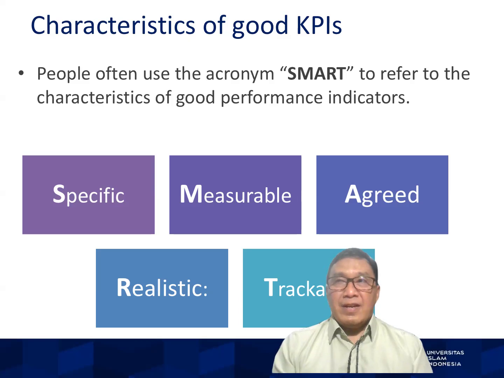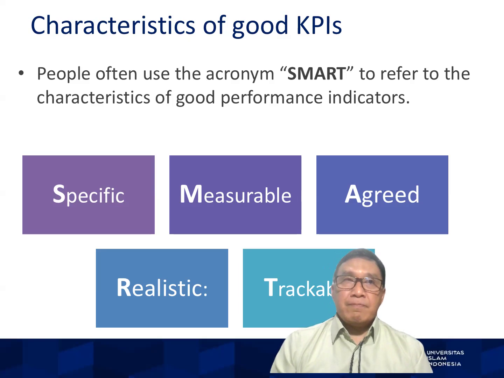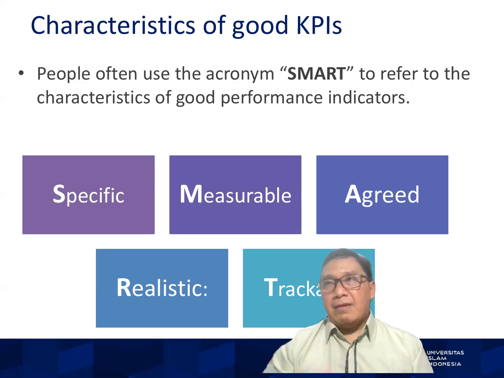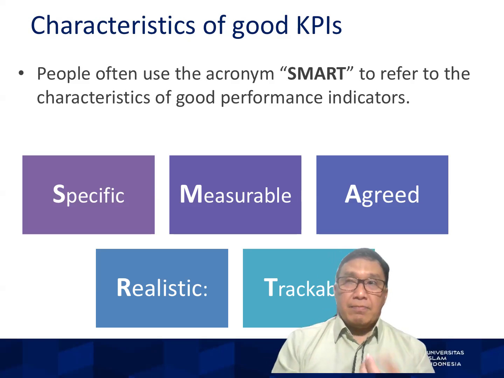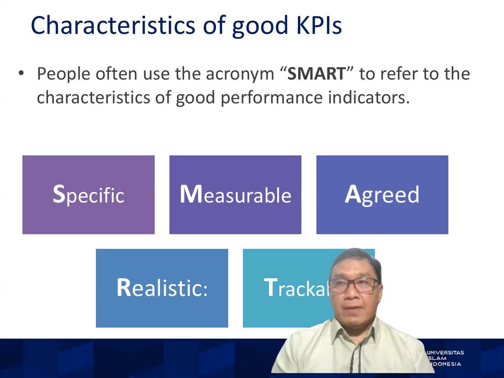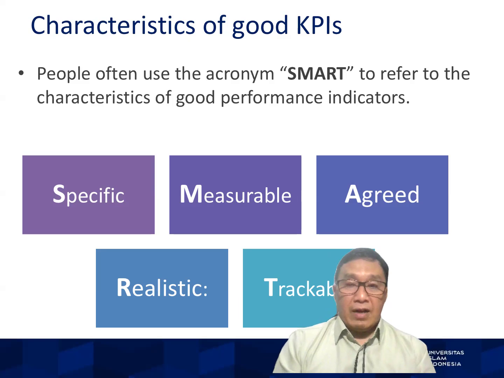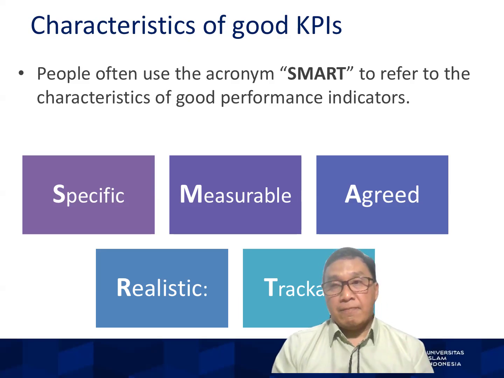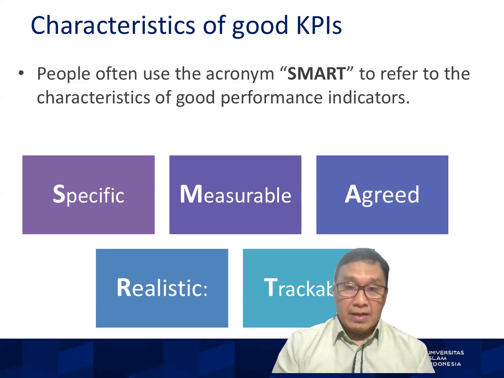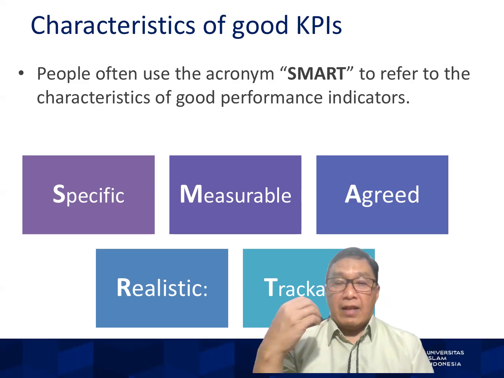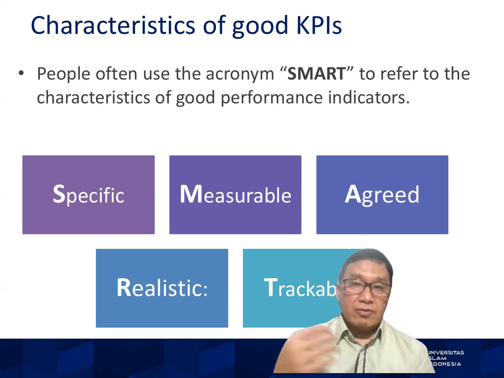Or in another scenario, the lower management, after they get the KPI, can give some suggestions. This one is too high, this one is too low, something like that. It should be added with another variable of KPI, and so on.